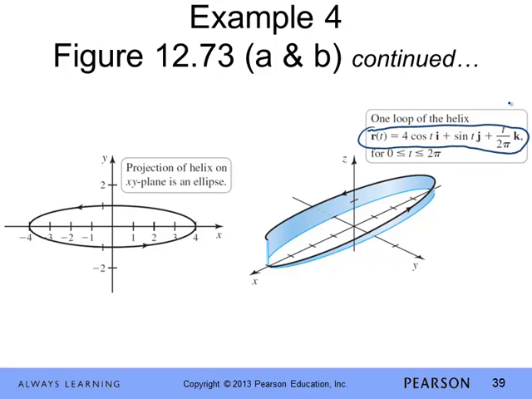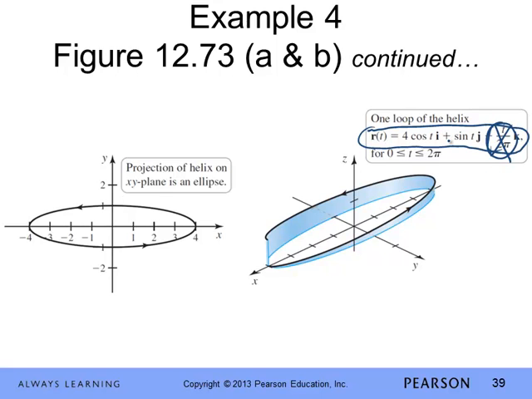Now, one way that you can visualize a space curve as it evolves is by temporarily setting one of the components equal to 0. In this case, let's just set the z component equal to 0. So this part right here, just ignore it for now, and just focus on the 4 cosine t i hat plus sine of t j hat.